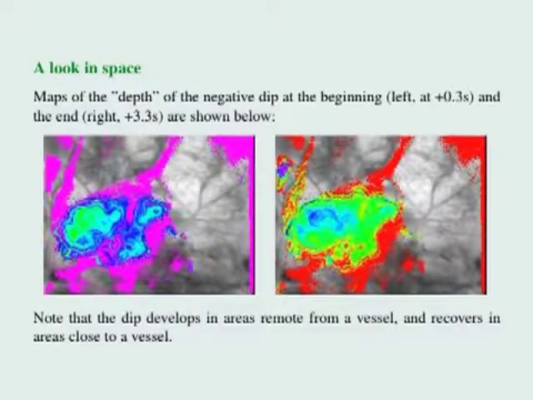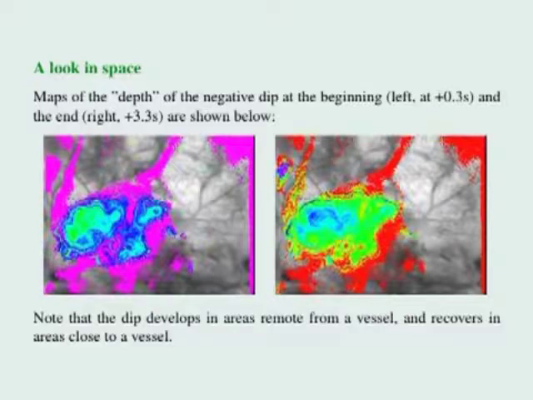And if we go now over here, you see at a time point 0.3 seconds after this stimulation onset, so while the stimulation is on, what we see over here is how much deoxygenation we have in certain areas.